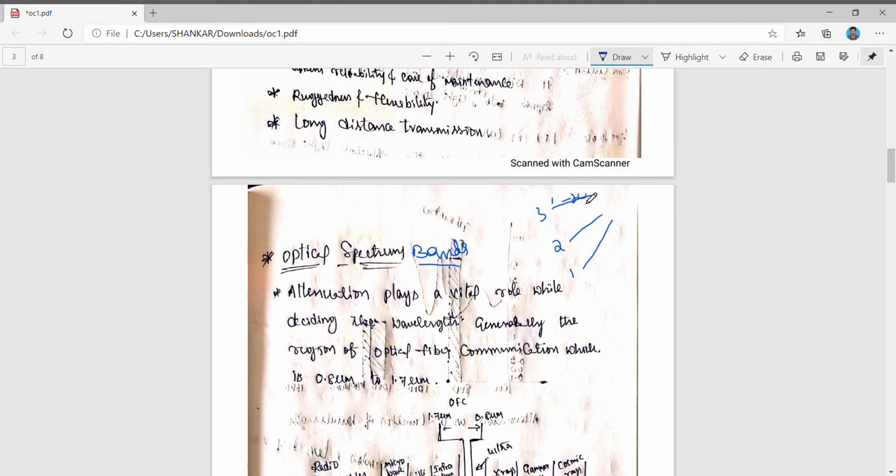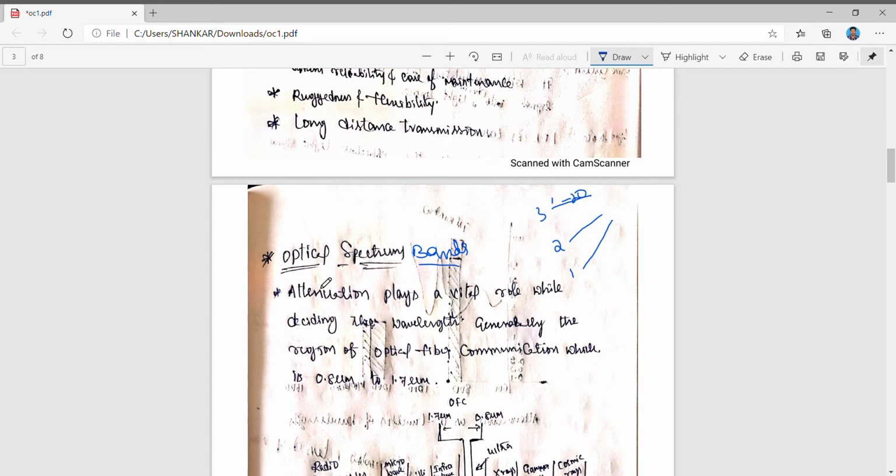The second person will choose a different bandwidth and the first person also chooses a different bandwidth for the transmission of signals. Likewise we have to choose the optical spectrum bandwidth, at which range it will be more compatible and more comfortable for transmission with less attenuation.